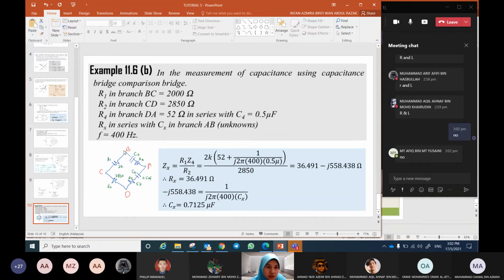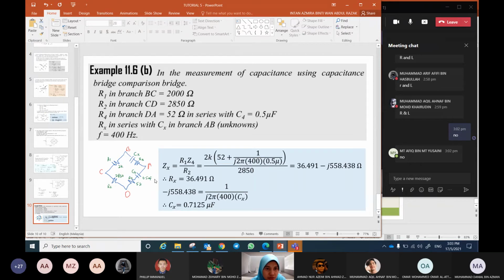So BC, we have R1 with the value 2000 ohm. And then CD, we have R2 with 2850 ohm. And then DA, we have R4 in series with C4.